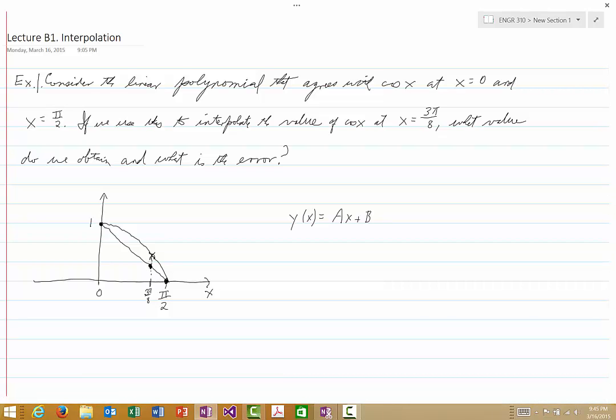The reason is that if we did things in that way, for this case of a linear polynomial, that would require us to solve two equations and two unknowns. And then when we went to a quadratic polynomial, it would require us to solve 3 equations and 3 unknowns. If we went to cubic, 4 equations and 4 unknowns. And you see the problem here. If we wanted a high-order polynomial, we would have to solve a very large system of equations. So we don't want to take that approach. We want to try to find a better way of finding the coefficients in the interpolating polynomial.